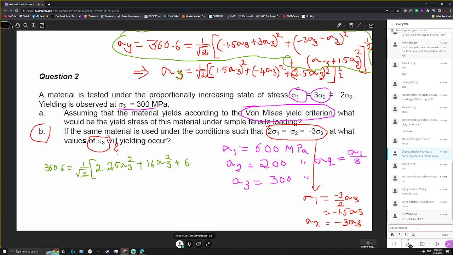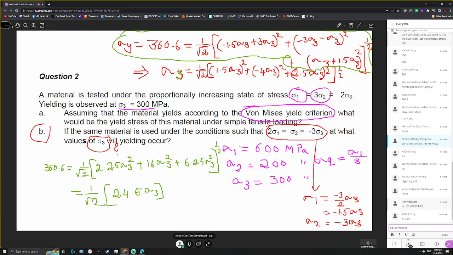How about others? So this is 22.25, 24.25, that is 24.5 sigma 3 whole square. Reaching is getting 111.95.